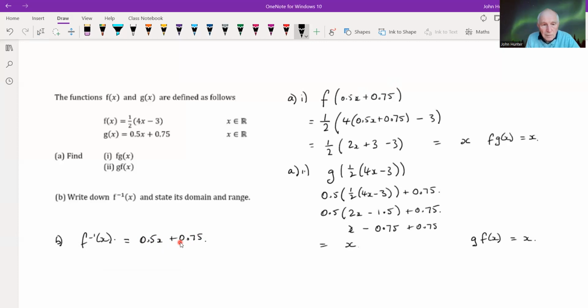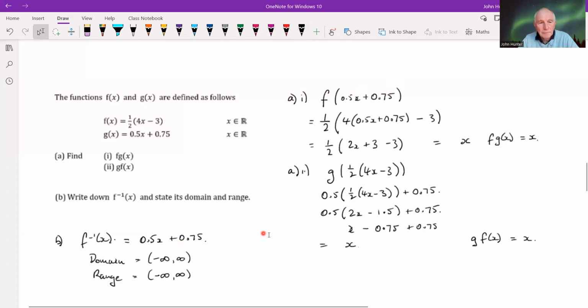So the domain is basically the real numbers. We could write this in a number of different ways. I kind of like to write it like that.